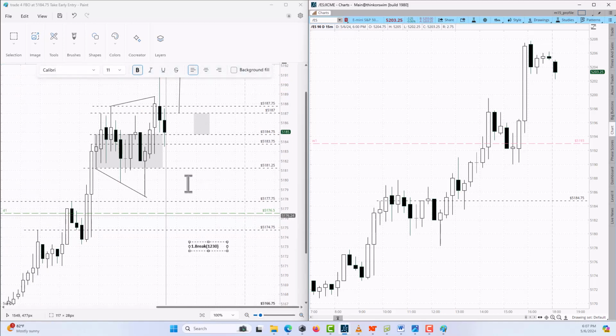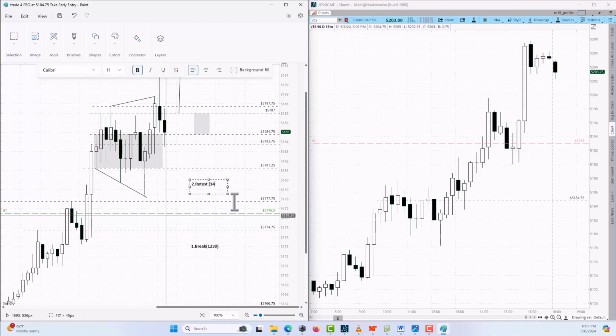And then right here you had a break. Oh, okay, we have a retest. Retest at what time?